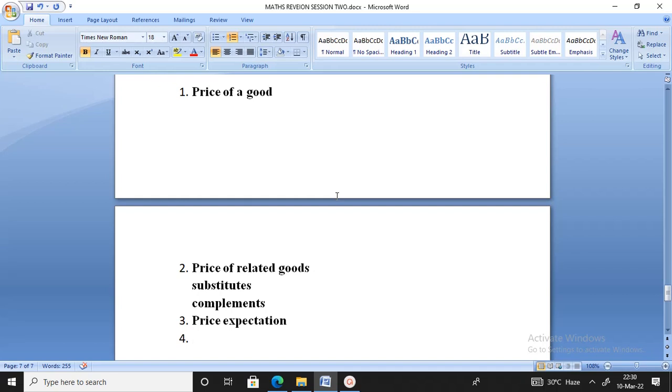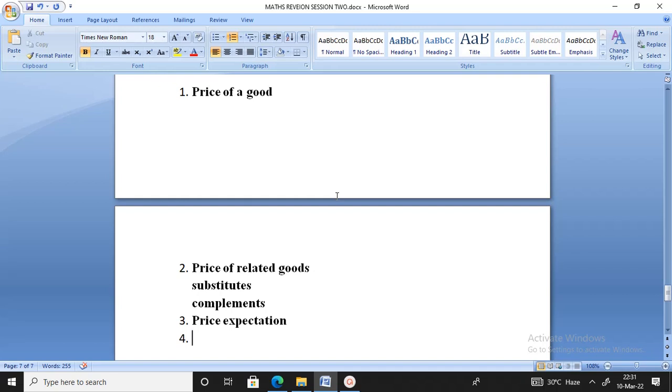So in economics, we say whatever you expect is bound to happen. If customers are expecting prices to go down, they hold back on purchases because they are waiting for the prices to go down before they start buying. That will reduce demand, and less demand will force prices to go down. So whatever you expect will surely happen.